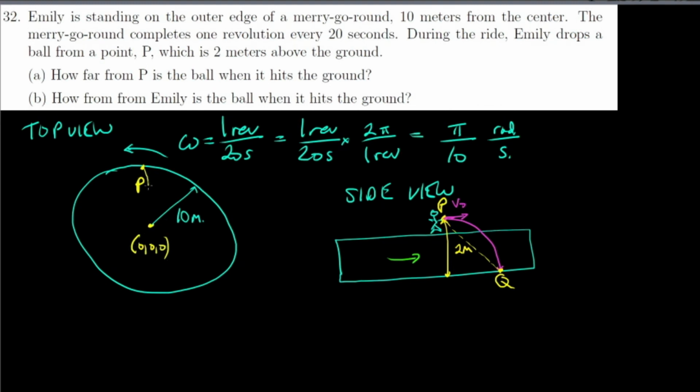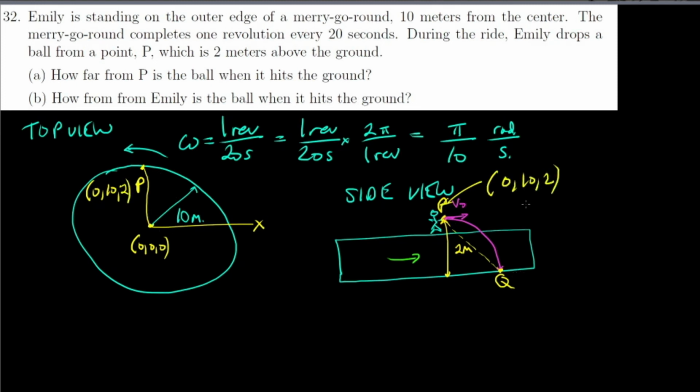So P then will be 10 meters north of there. So if this is X and this is Y, X will still be 0 at point P. Y will be 10. And Z will be 2, because that's the height. So point P has coordinates 0, 10, 2.